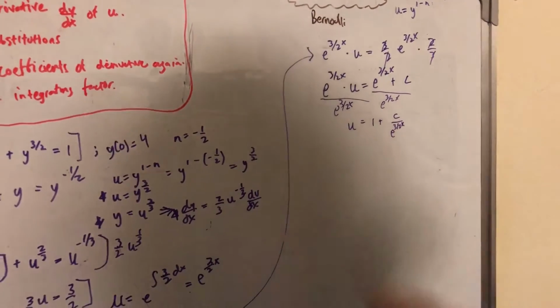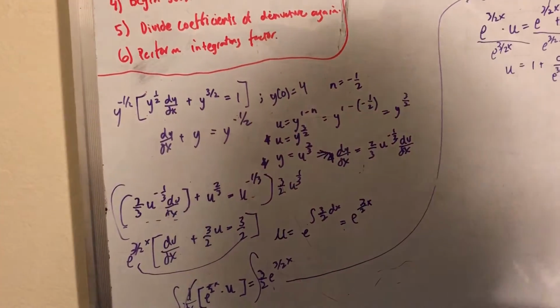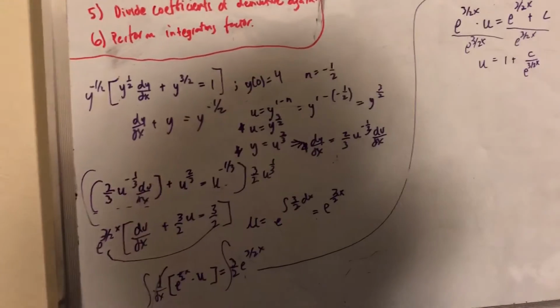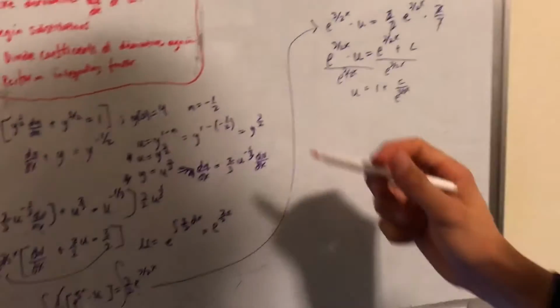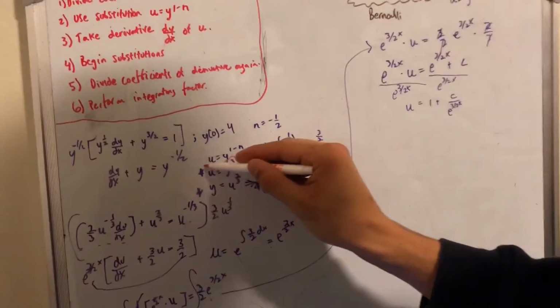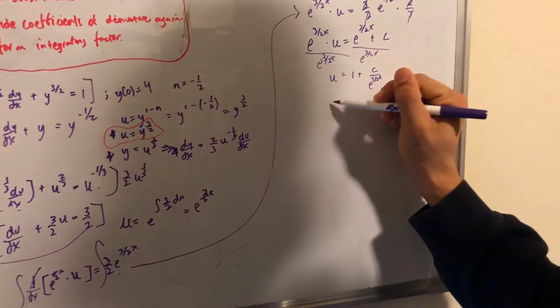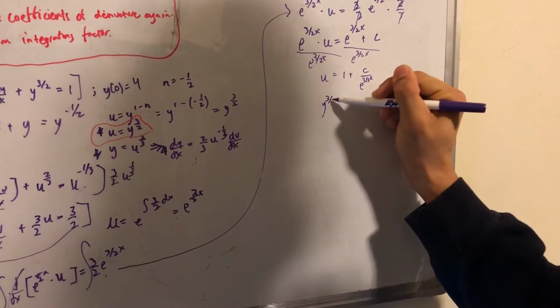We're not done yet because our equation originally was with y and x, not with u and x. This is where we'll use this other substitution here. I know it's kind of a mess on this board, I apologize. We know that u is equal to y to the 3/2, so we'll substitute that in.